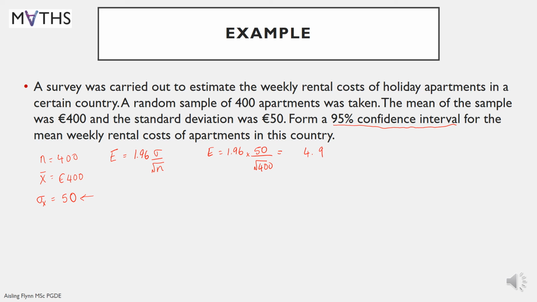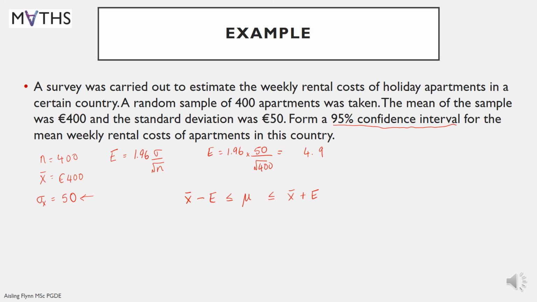Okay, and now we can construct our confidence interval, so it will be the sample mean minus the error and the sample mean plus the error, and the true population mean should lie 95% of the time between these two values.